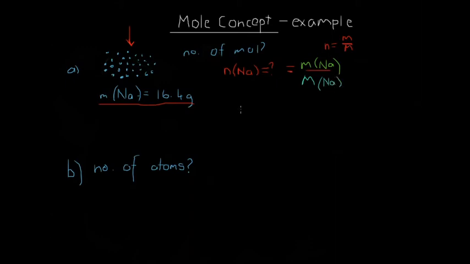We look at our periodic table to find the molar mass. The molar mass is equal to the mass number of an element, and the atomic mass of sodium is 23.